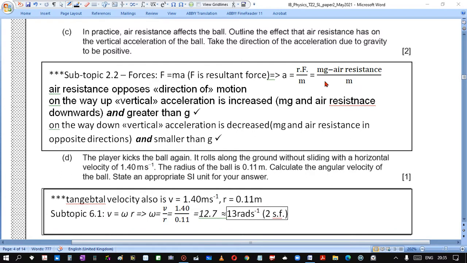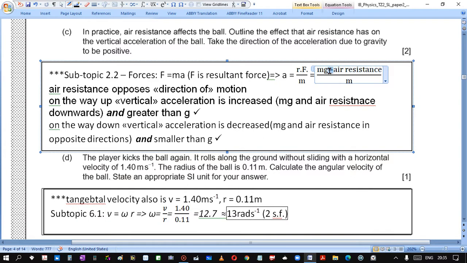When it goes down, upward, so we have air resistance, mg is down, air resistance is also down, so it is negative. Actually, here we have plus minus.